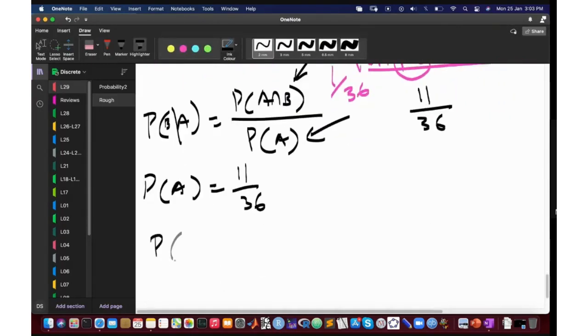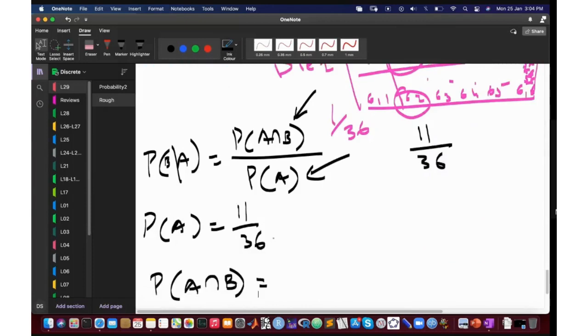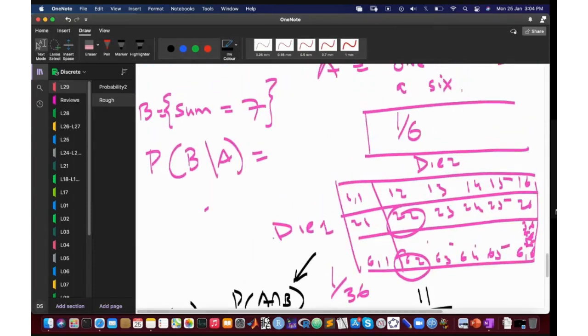So what's the probability of A intersection B? That one of the dice is a 6 and the sum is 7. That's 2 by 36, considering 1 6 or 6 1. There are two possible places in this whole table where I have a 6 and the sum is 7.